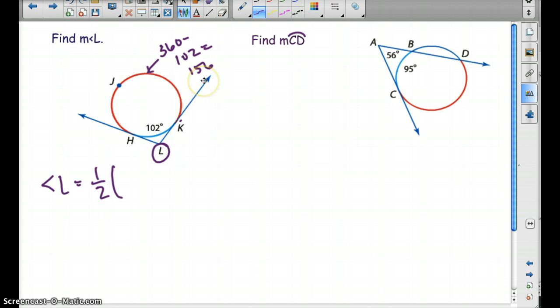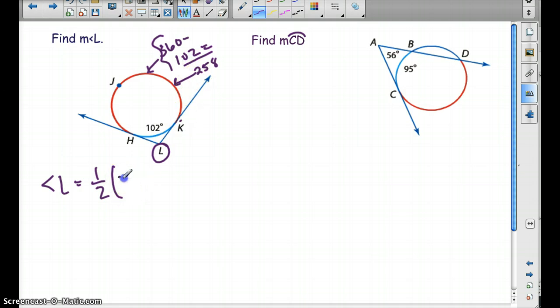So now we can go ahead and, oh, excuse me, I'm getting ahead of myself again. I'm giving away the answers. Minus 152 is going to be 258. All right, so this arc right here is going to be 258.